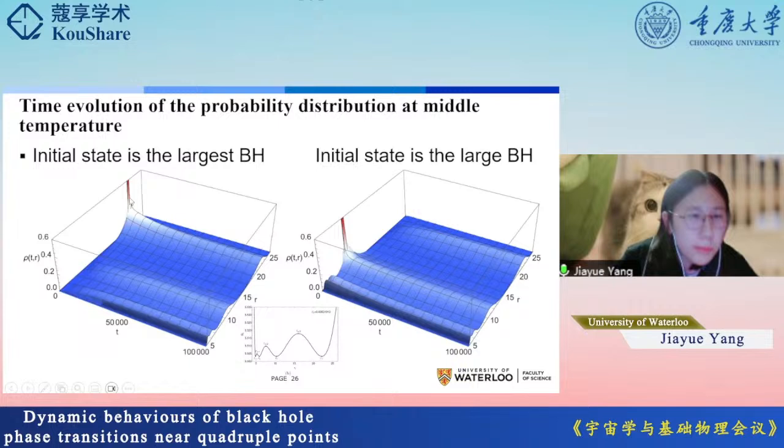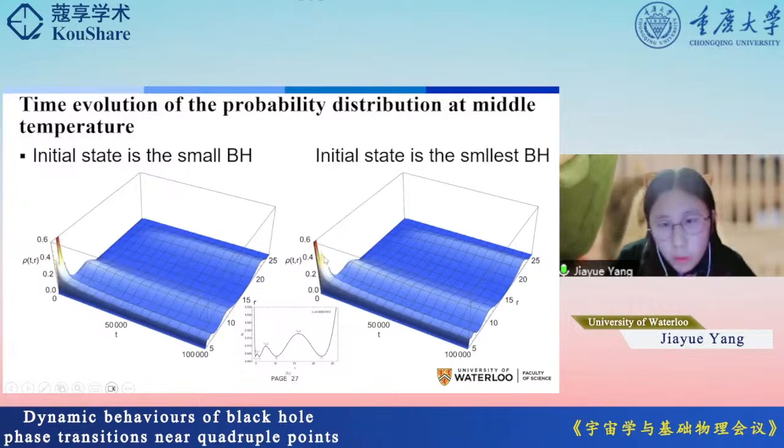This is because the small black hole and the smallest black hole are very close to each other. So we see a little peak for the smallest black hole here. And also, when the initial state is the smallest black hole, there is a little peak in the small black hole.